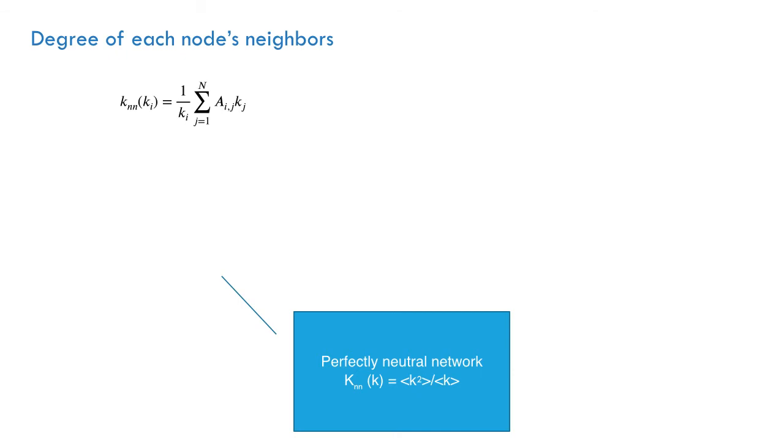So once we have this average neighbor degree value, we can plot that against the degree of a node. We take some node in the network, we say, okay, what's your degree? We're going to find our x-axis value that corresponds with that degree k, and then we're going to find our average neighbor degree value, knn of k.